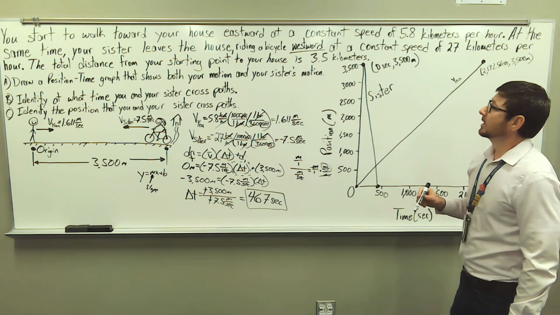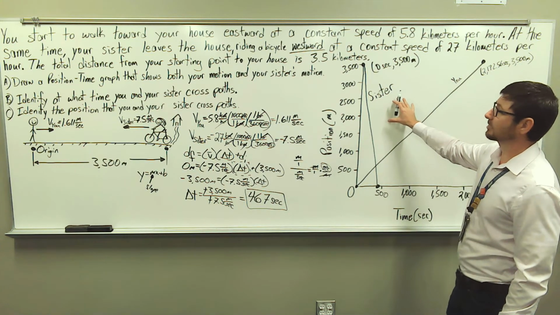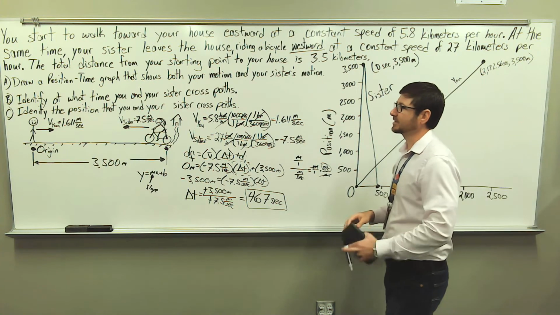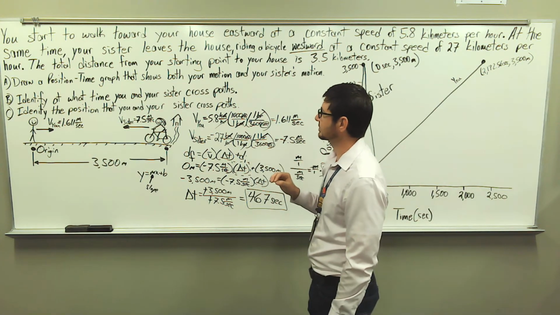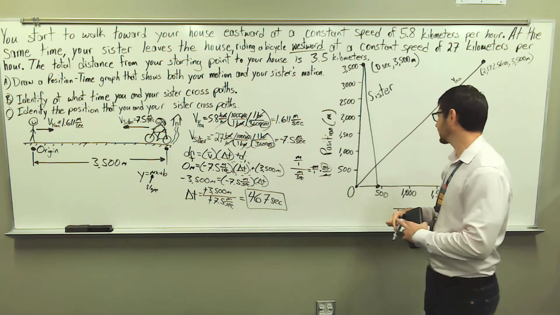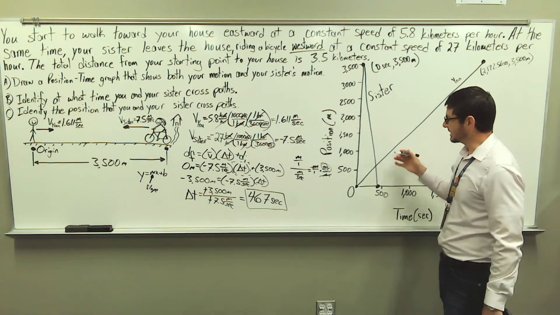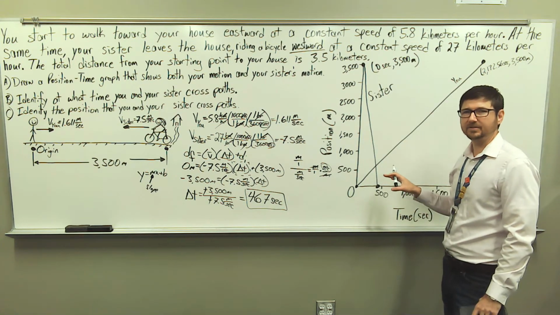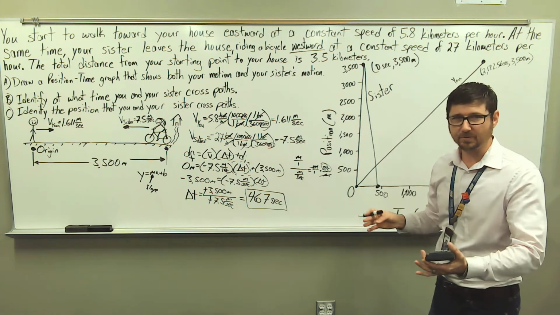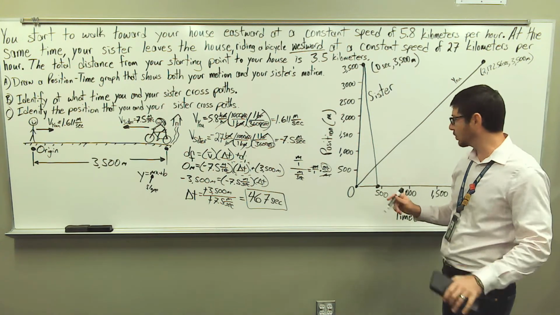So in part B, we've taken care of part A. In part B, it says identify at what time you and your sister cross paths. So it wants us to be specific. Let's actually calculate the value. Let's not just look at the graph and provide an estimate, but we can go ahead and do that.